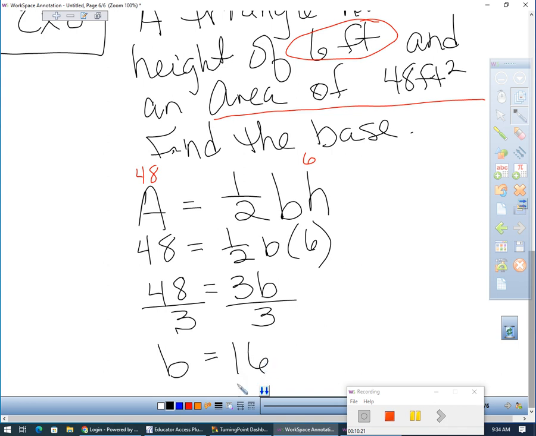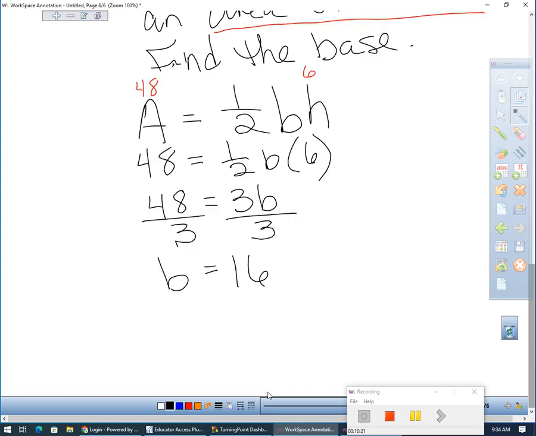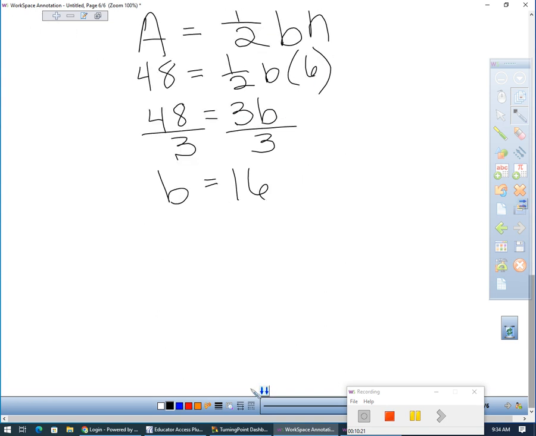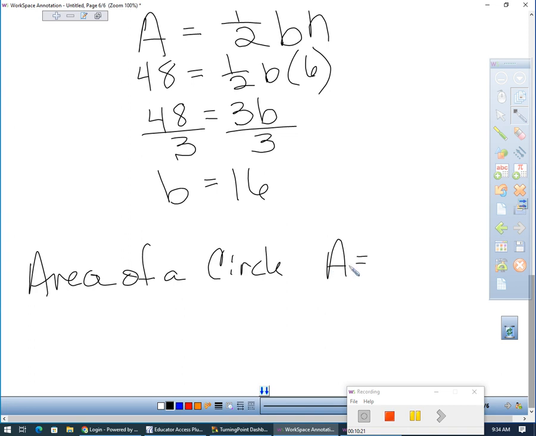Oh, that's so bad, right? Yeah. So real quick to make sure you guys remember, what is the formula for the area of a circle? Yes, there we go.